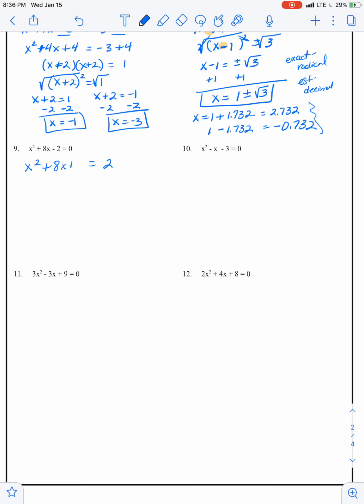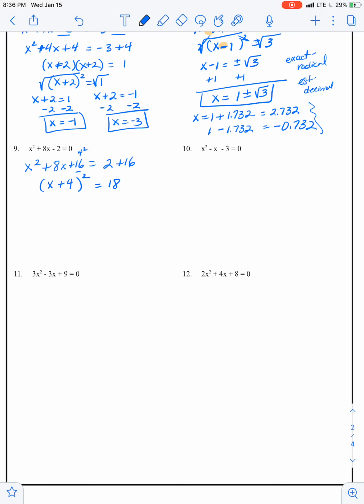Square 4 and get 16, so it's plus 16 to both sides. Okay, when I do my perfect square, it's always the x. Again, it's whatever you squared here, and sometimes I'll just write that as 4 squared instead of even multiplying it out. So that would be plus 4 equals 18.